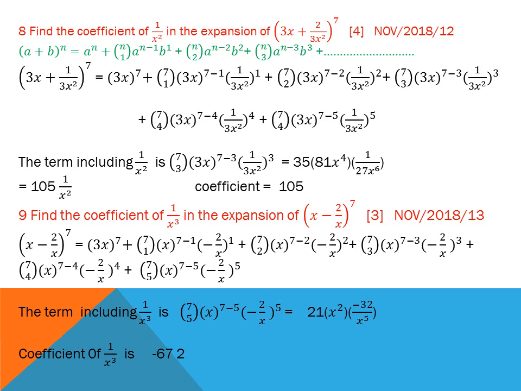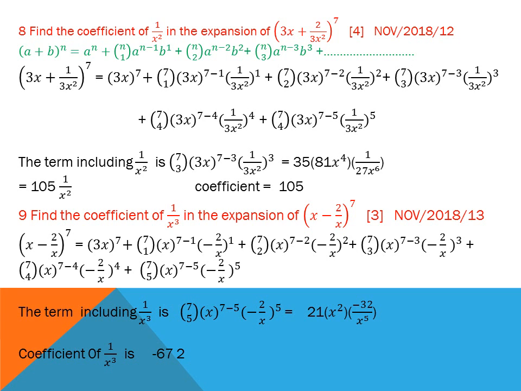In question number 8, find the coefficient of 1 over x square in the expansion of this. When I expand these terms, (3x)^7, because a is 3x and b is 1 over 3x square: 7C1, then 7C2, then 7C3, then 7C4. I will find that we need 1 over x square here.